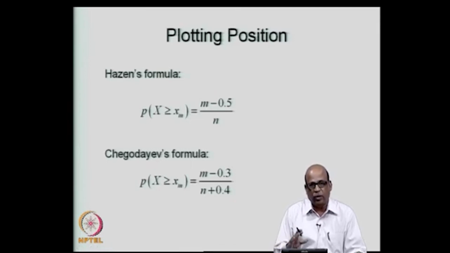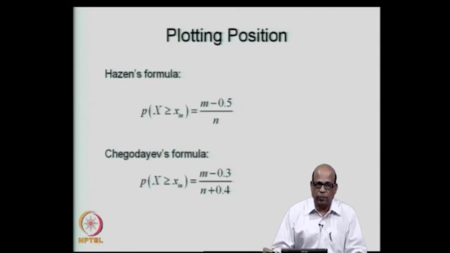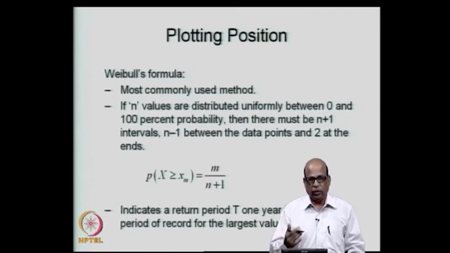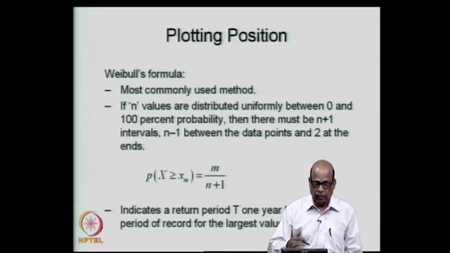They have done several tests on these and then proposed these particular formulae. Then you have the Weibull formula, which is the most commonly used formula in hydrology. In fact, the moment you want to use a plotting position, the first thing that comes to your mind is the Weibull formula. It is most commonly used for the reasons that I will mention presently.